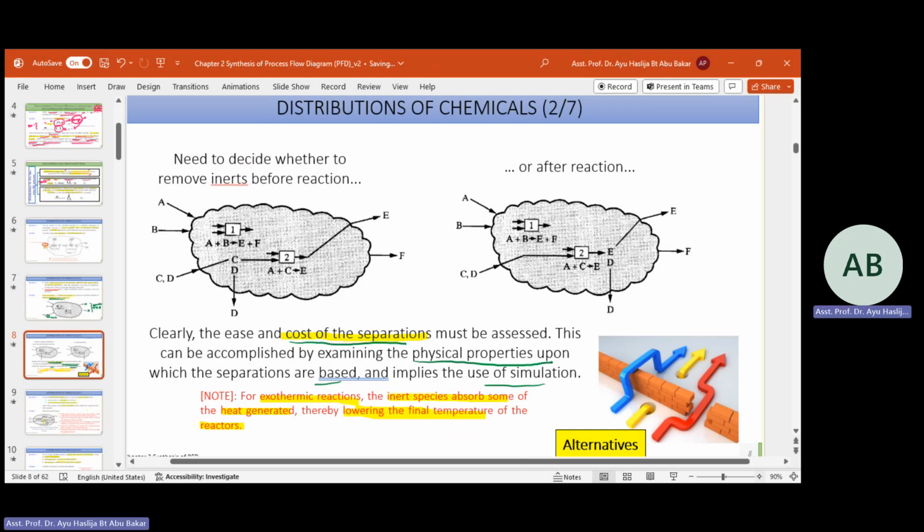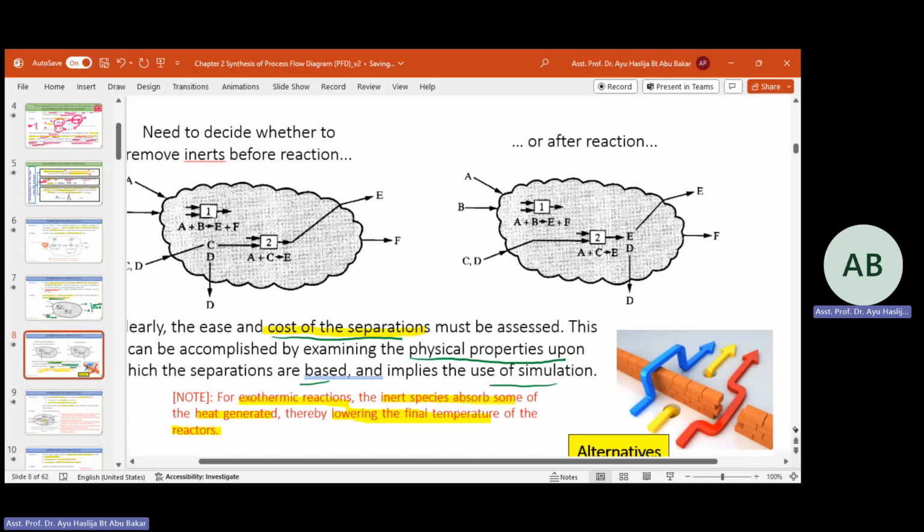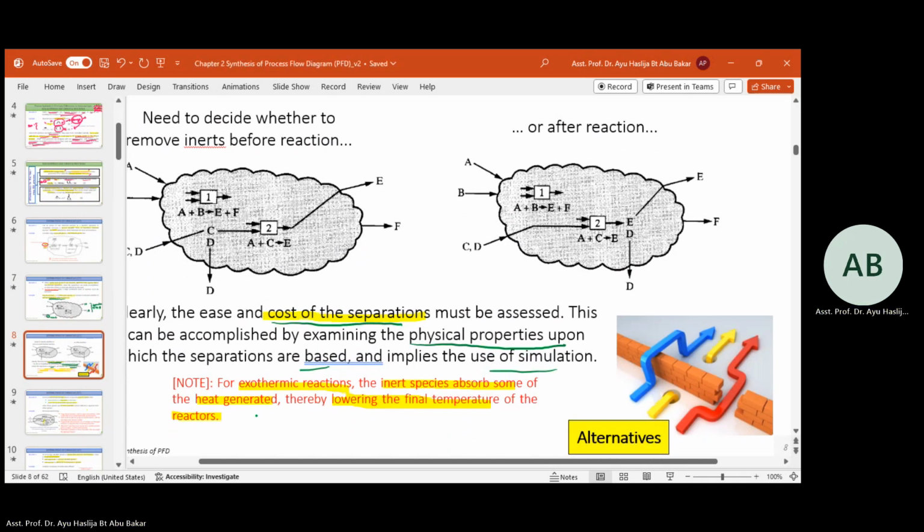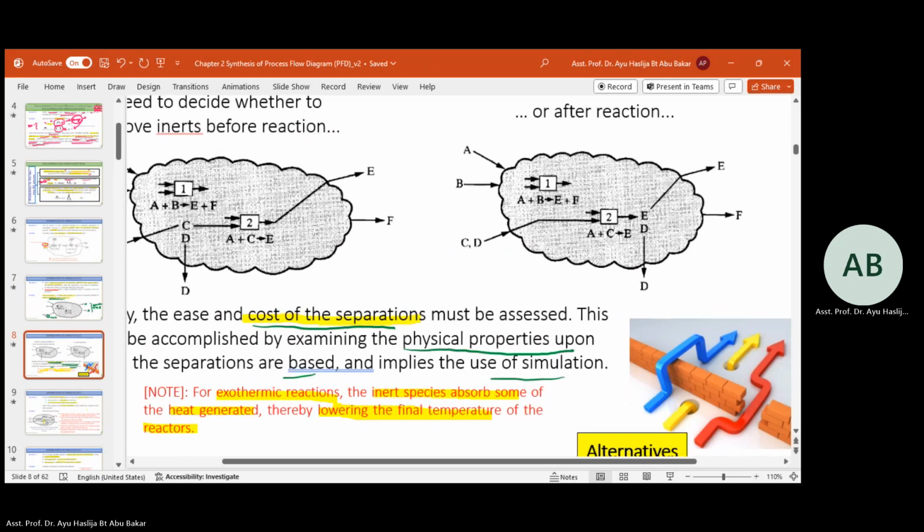In the case of highly exothermic reaction, see the note over here. For exothermic reaction, the inert species absorbs some of the heat generated, so it lowers the final temperature of the reactor.